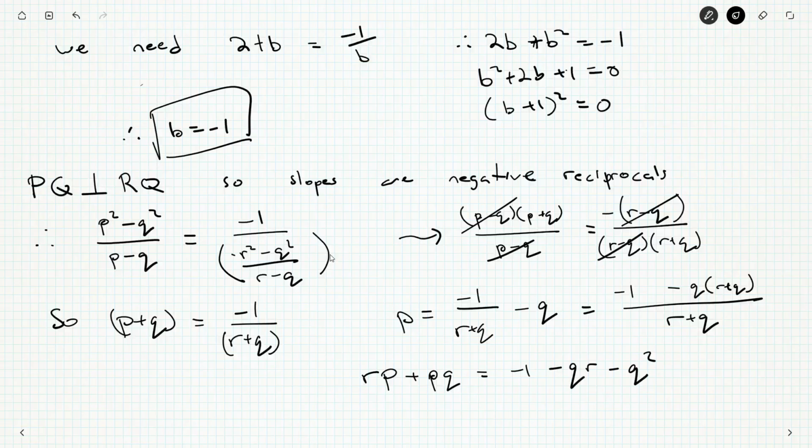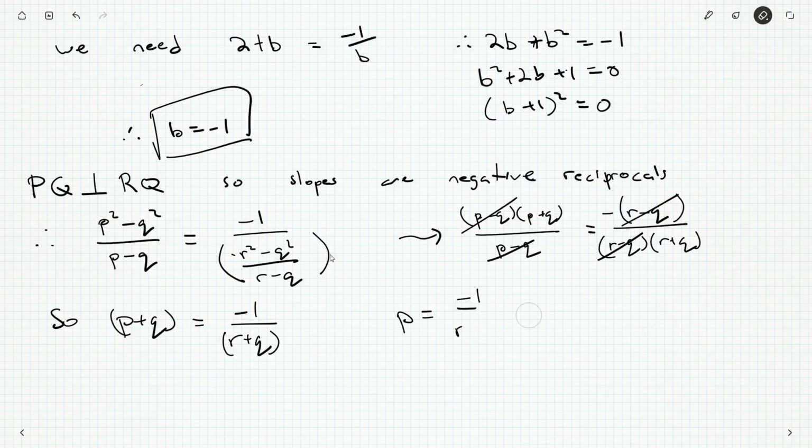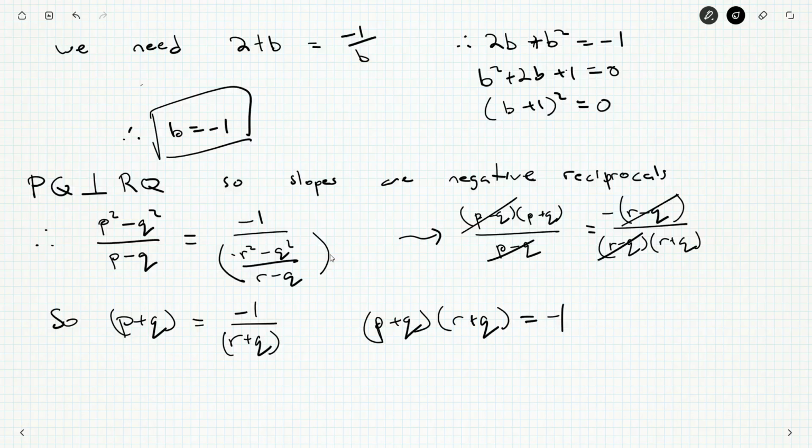We have a quadratic in terms of Q, but then we have an R and a P. I'm not getting to a point where I need to use integers, so maybe solving for P wasn't the best way. If I wanted to solve for Q, I guess I'd have to multiply through first. That's not particularly going to help me, and then expand this out. So that'd be RP, wait a minute, negative 1 over here.